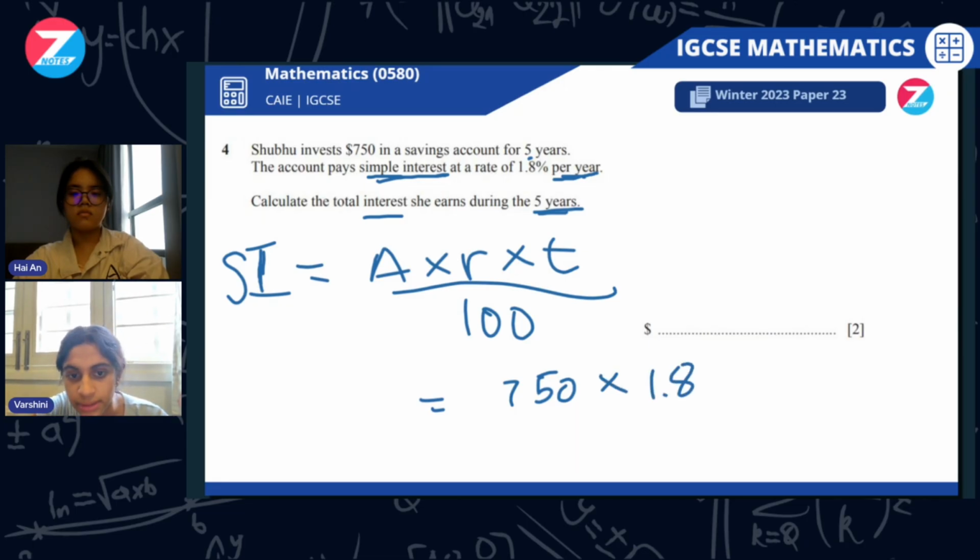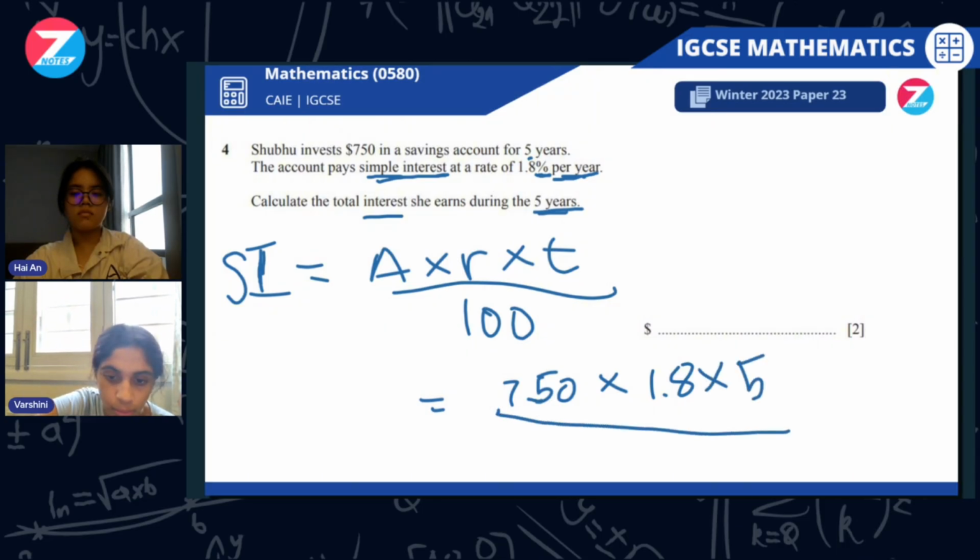We don't need to say 1.8 by 100, it's just 1.8. Don't get confused by the percent. It's just 1.8 times 5 and divided by 100. The reason we're not taking into account the percentage sign is because we're already taking that into account when we divide the whole thing by 100.